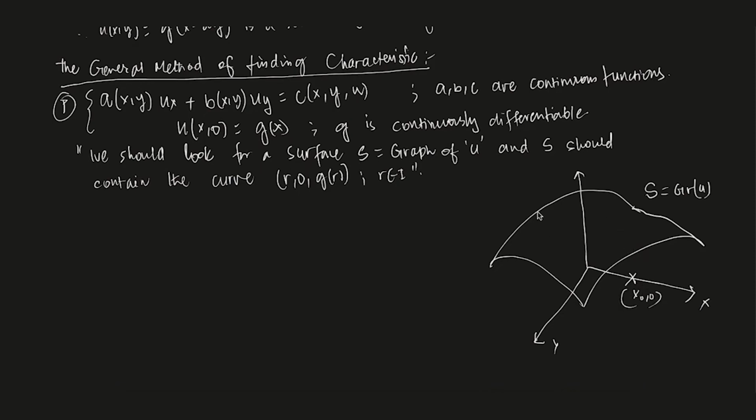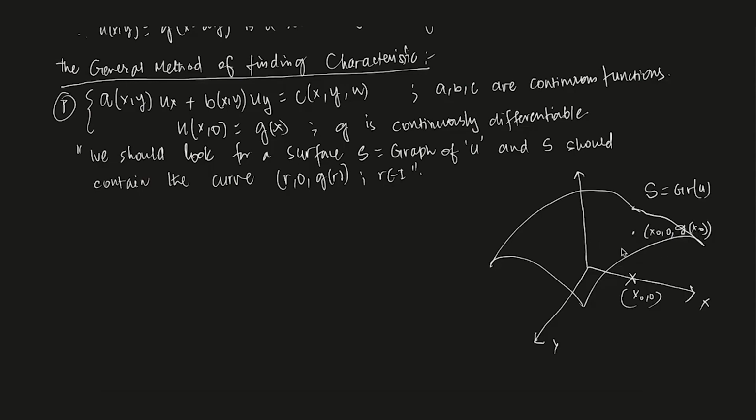The surface you are looking for should satisfy u of x0 equals g of x. If you look at the corresponding point on the surface, it is (x naught 0, u of x naught 0), which is g of x naught.